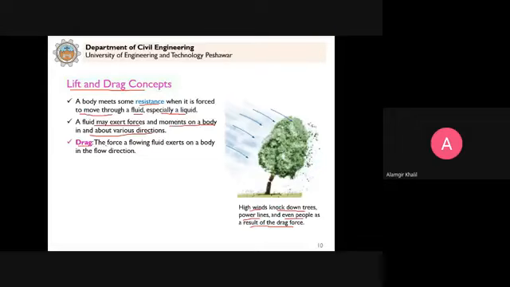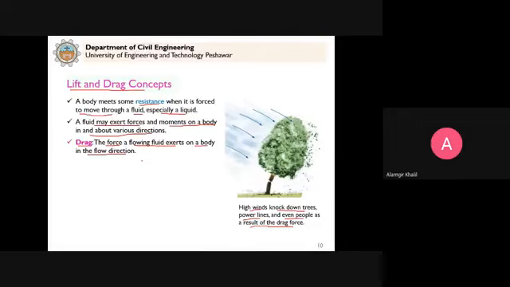Drag is the force a flowing fluid exerts on a body in the flow direction. This is the basic definition of a drag force.